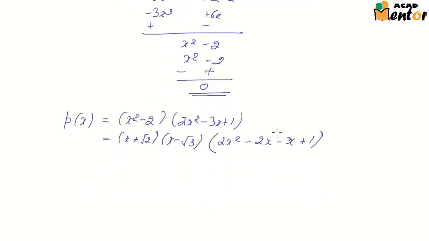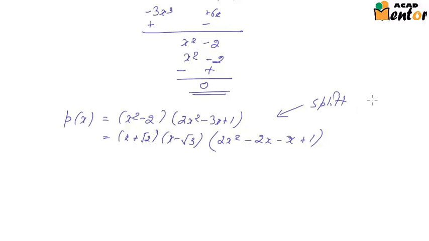This we are doing using the splitting method of factorization that we have already studied in class 9, splitting the middle term. If you don't remember this method, don't worry. We will be looking at factorization of quadratic polynomials in detail in another chapter related to quadratic polynomials.